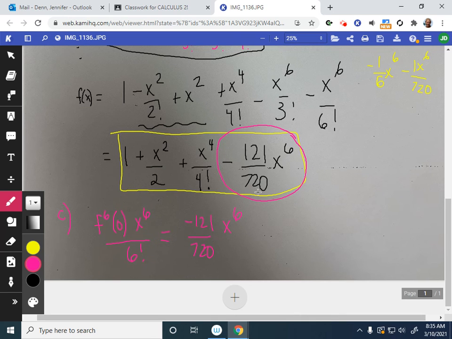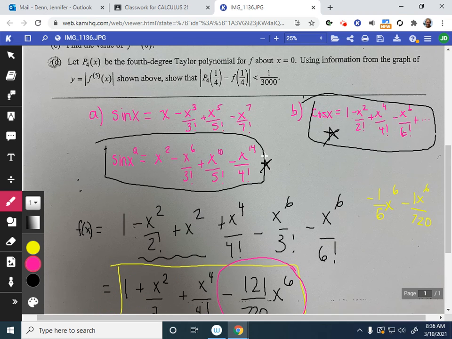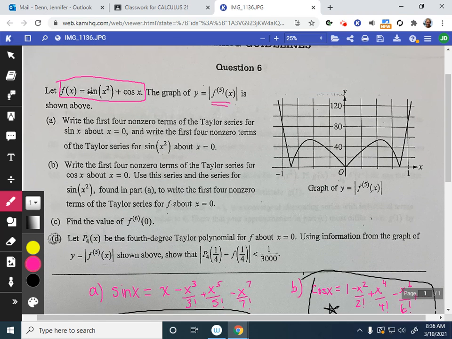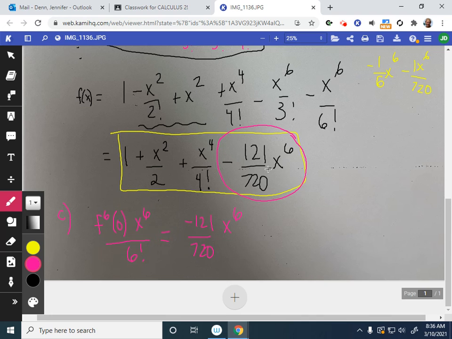So this series here, let's say I never went through this process and I just took this and I wrote the series for it by finding all the derivatives and plugging them all into the Taylor series thing. If I took that original sine of x squared plus cosine x and I found all the derivatives at 0, and I plugged them all into the Taylor series format or template, I would get this.